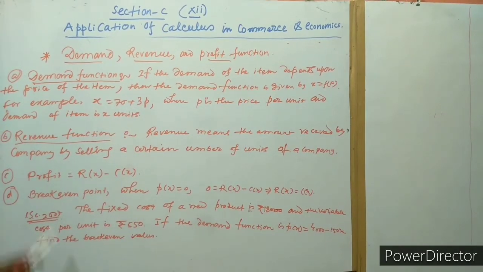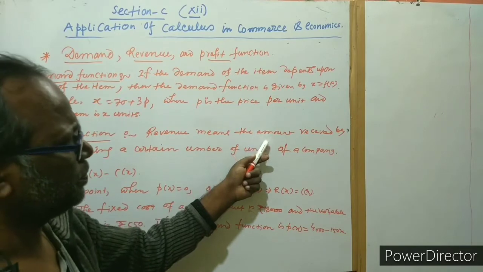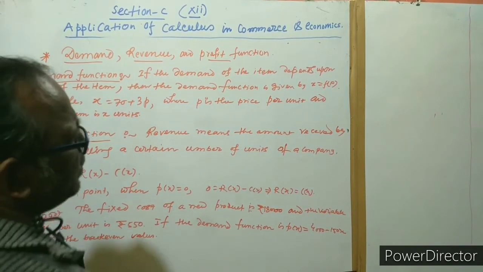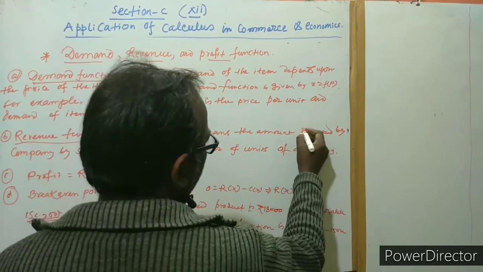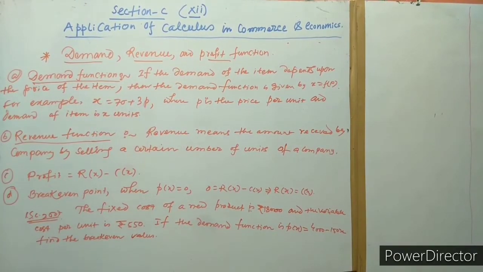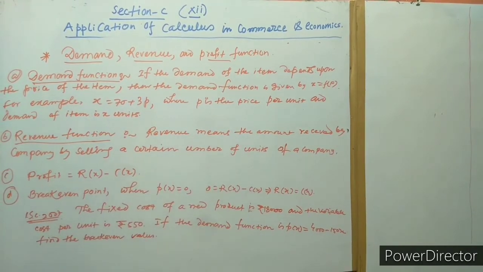And what is the revenue function? Actually, I wrongly said that this is the demand function. The revenue is the amount received by the company by selling a certain number of units.